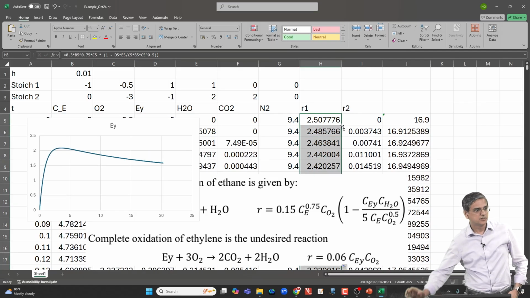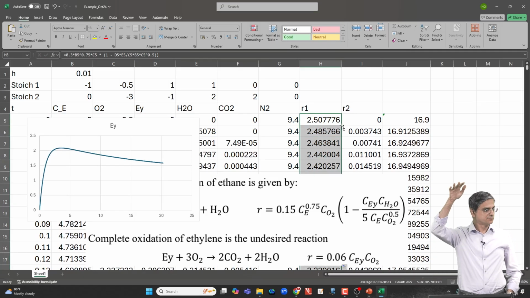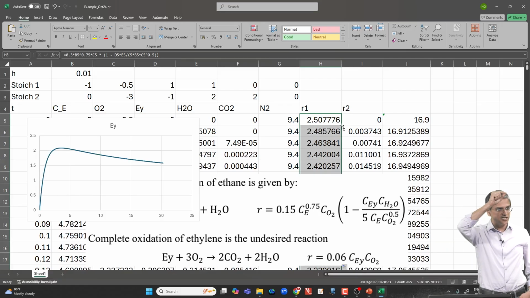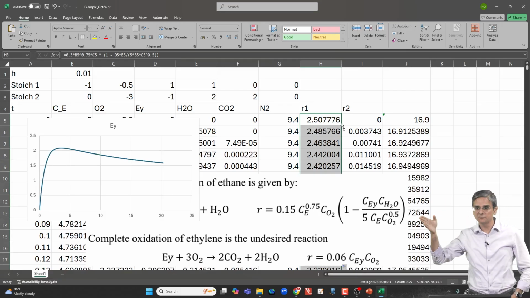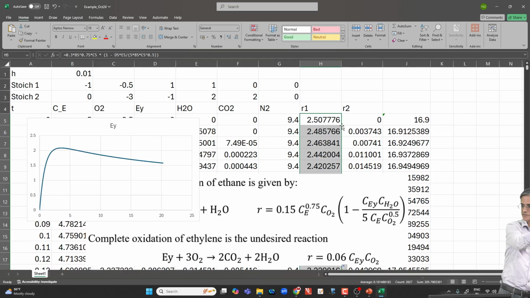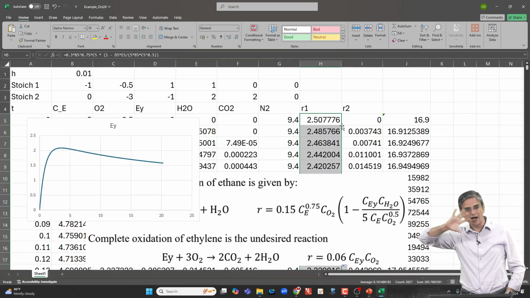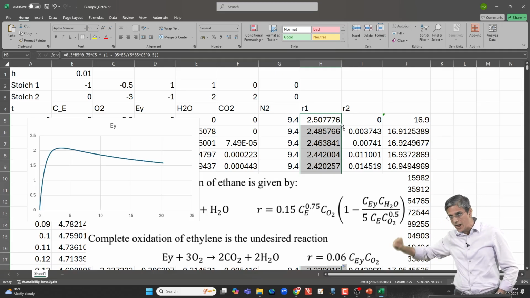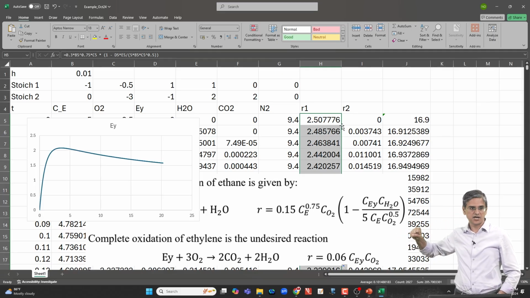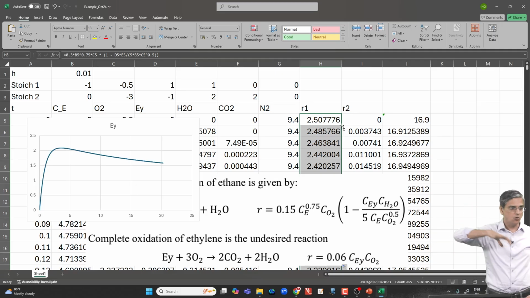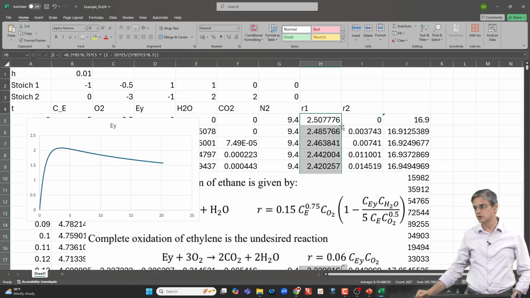The maximum value has a similar effect. It goes slightly above 2, but the time at which it goes has also shifted. So you do have an interplay between when the optimization happens and how much ethylene you are going to get.